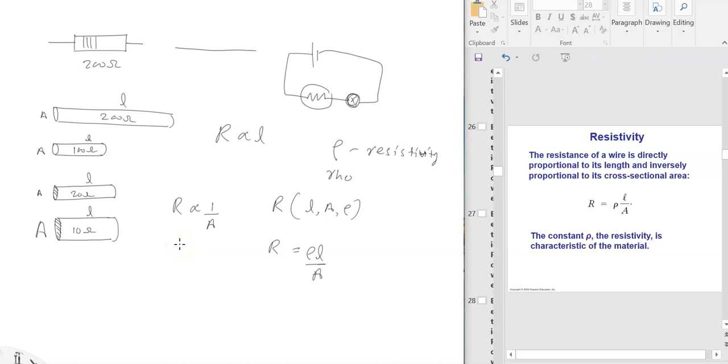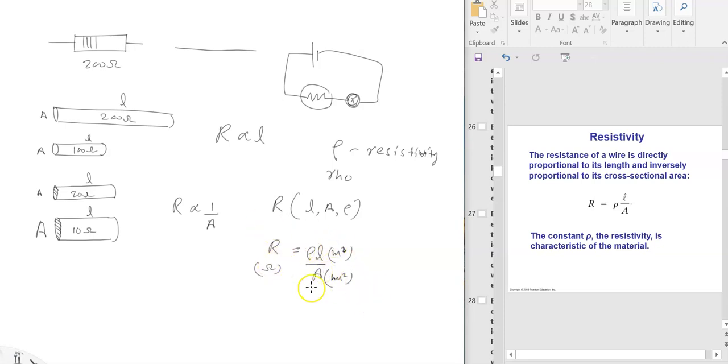Okay, so looking at this, what about the units of resistivity? We can plug units to everything else. Here, this is ohms, this is meters squared, this is meters.